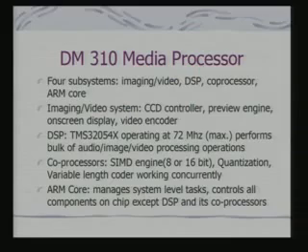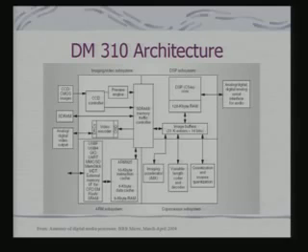And on top of that, you have an ARM core which is managing your system level tasks, just like your OMAP. So the architecture looks something like this. You have your DSP core, you have your ARM core, and the DSP core makes use of these coprocessors.